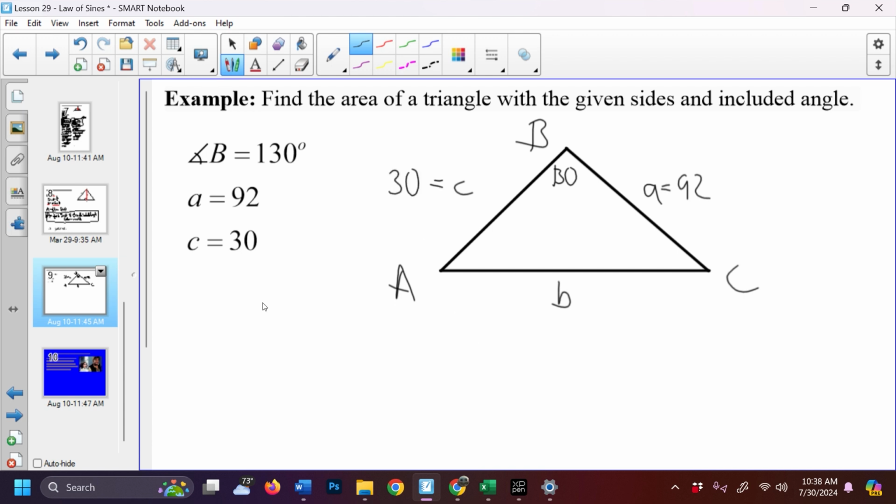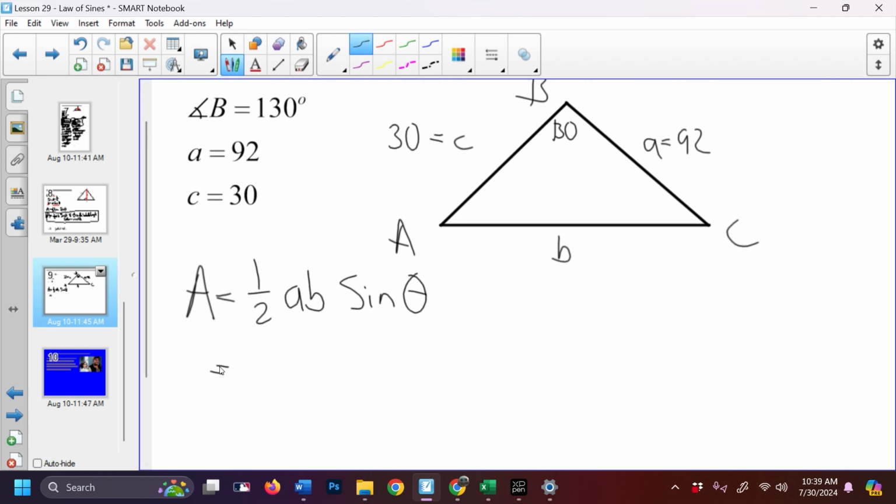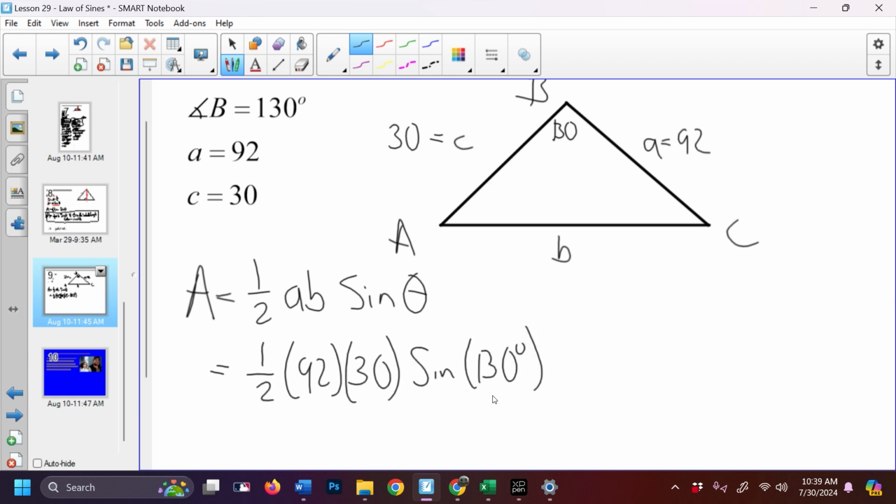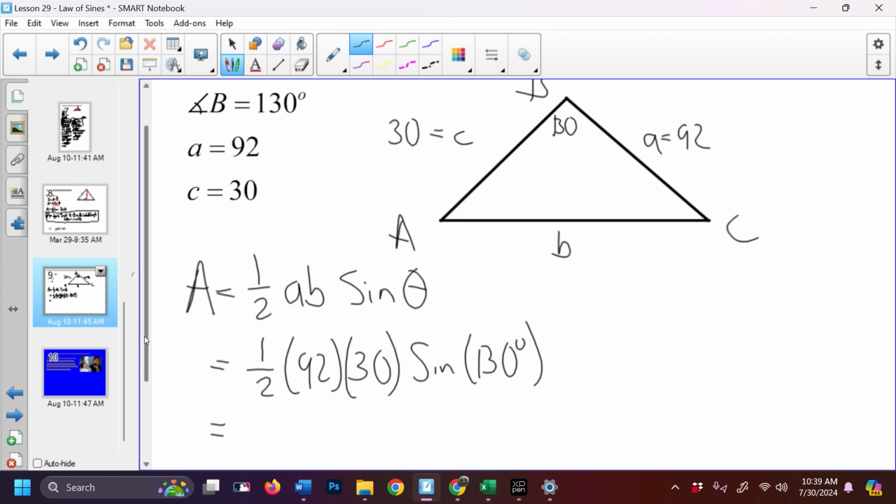I have my two sides and an included angle, so I can say that A equals 1/2 a b sine theta, and in this case, my a is 92, my c, or b in this case, is 30, and then my theta is 130 degrees. There is no unknown on the right-hand side, so this just became a plug and chug.